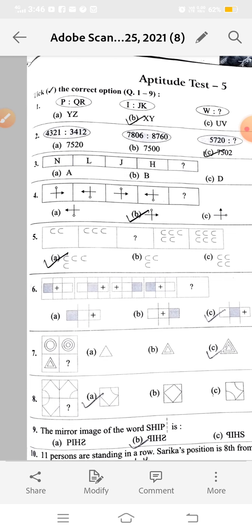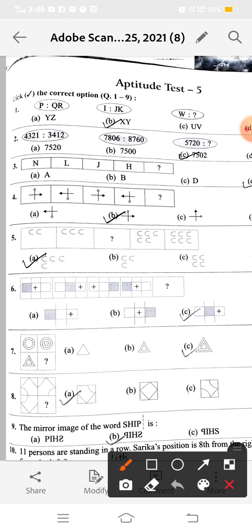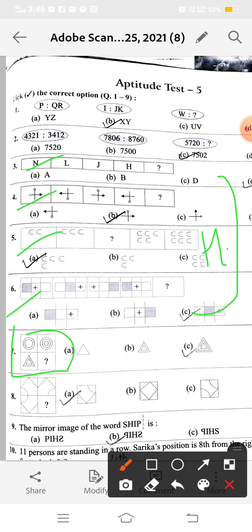Question 3, 4, 5 and 6 you do in homework. These are your homework 3 to 6. Okay, firstly you need to do this yourself, then do the correction from here. Now see question number 7.